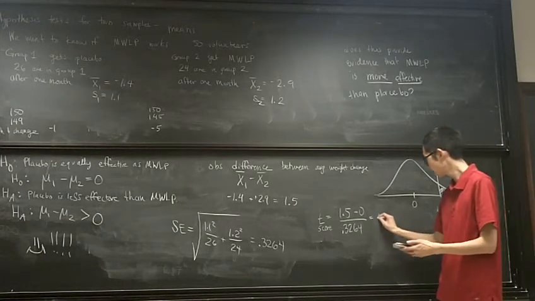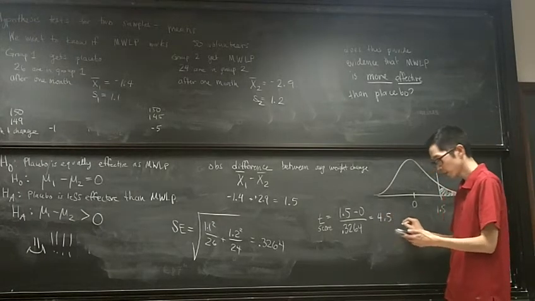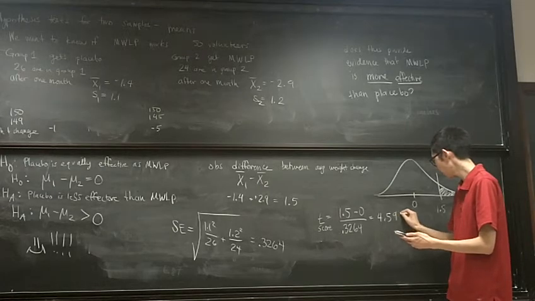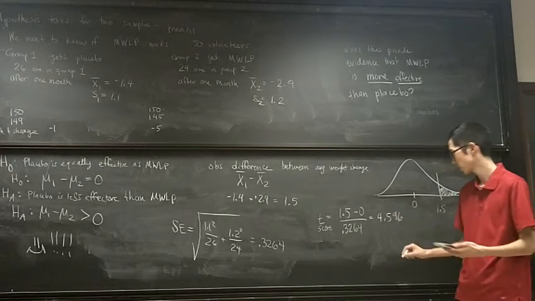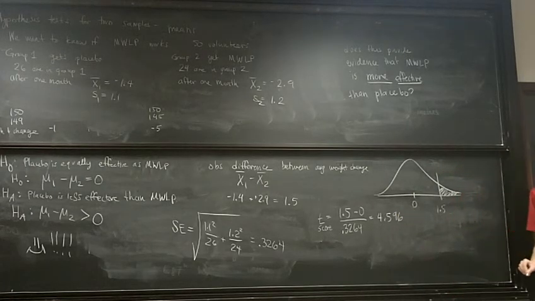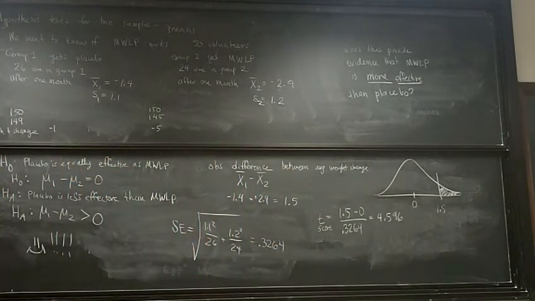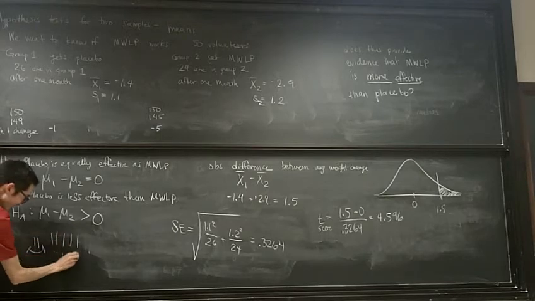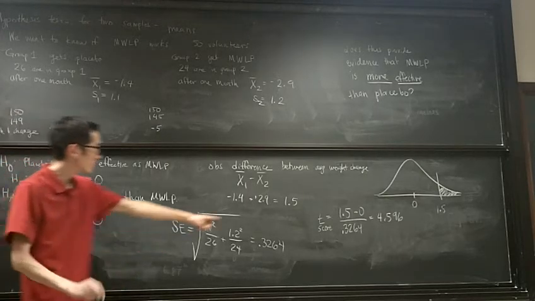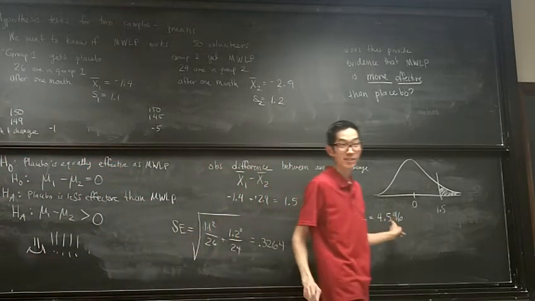And I get 4.596. Okay, so our t-score is 4.596. Is this all right?